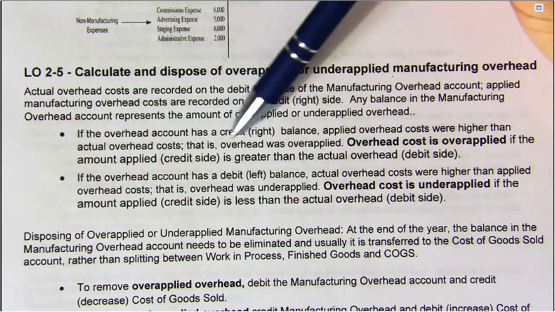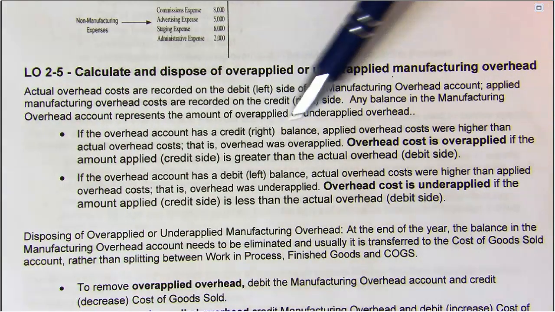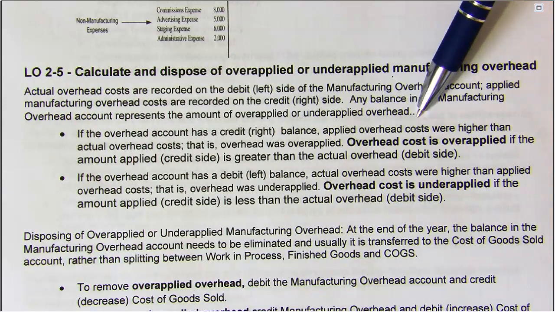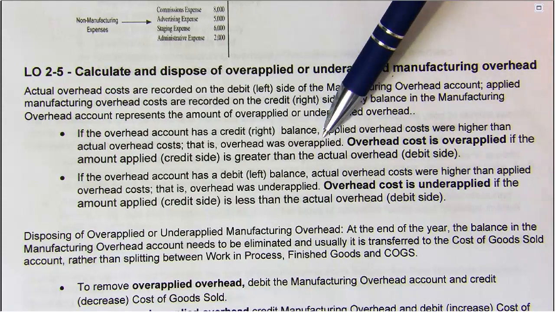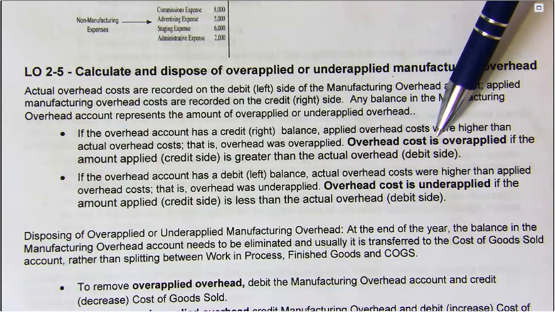If the overhead account has a credit balance, that means you applied more cost than actually occurred. Overhead was overapplied compared to the actual. What does that mean? You put too much cost onto that job.